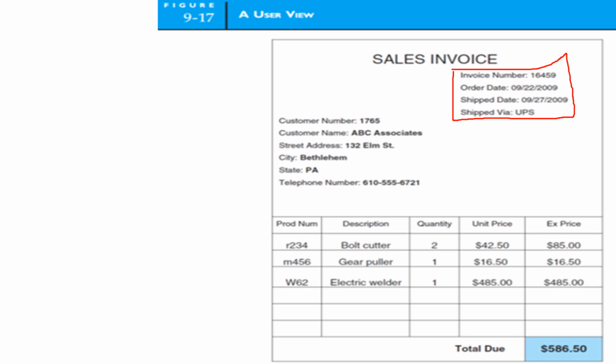We also have details about the customer: customer number, customer name, address, as well as the telephone number. Then we have information about the product: the description, the quantity, the unit price, and also the total amount.